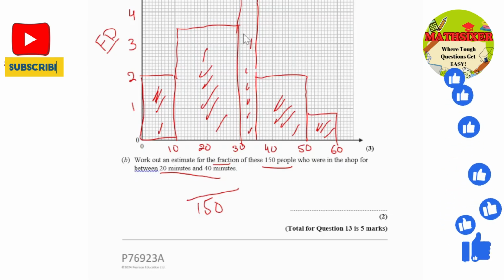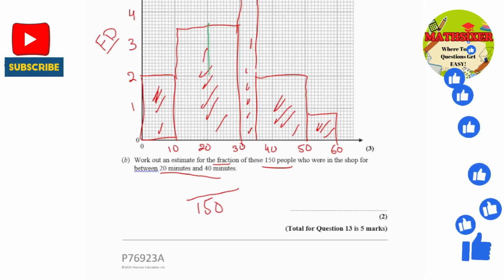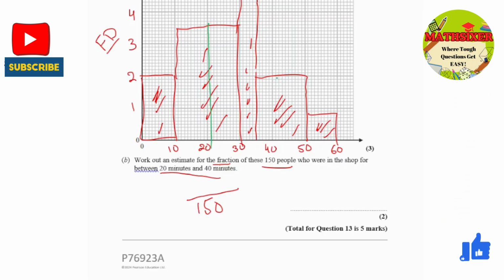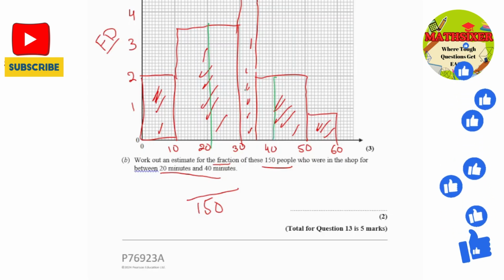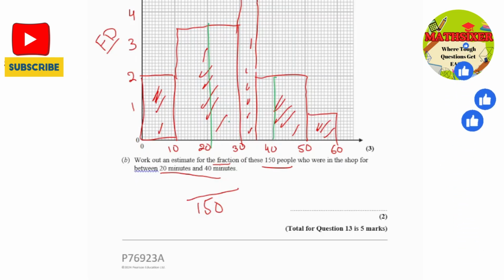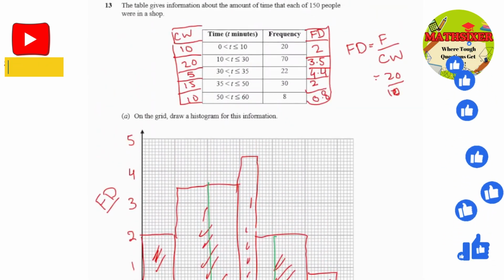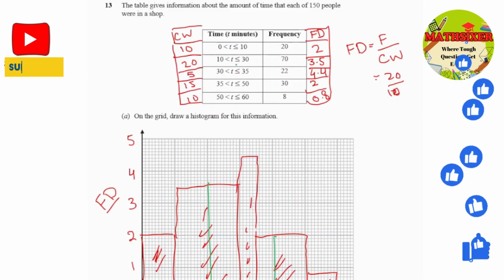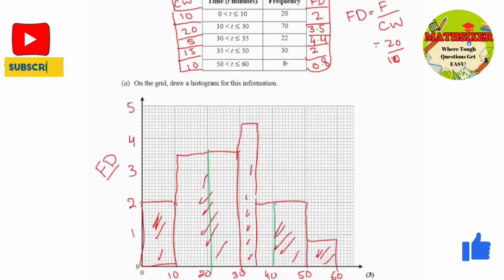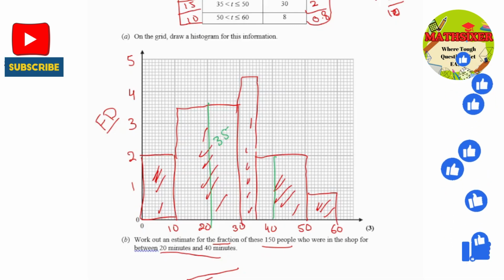Let's change the color first. Okay, so 20 is here, 20 to 40. So we are looking for these ones. So from 10 to 30, 20 to 30, it was 35 people there. So if you look at the frequency, you can see that this is 35 people here.